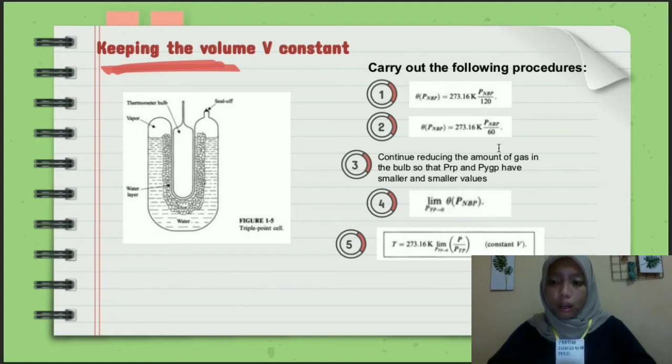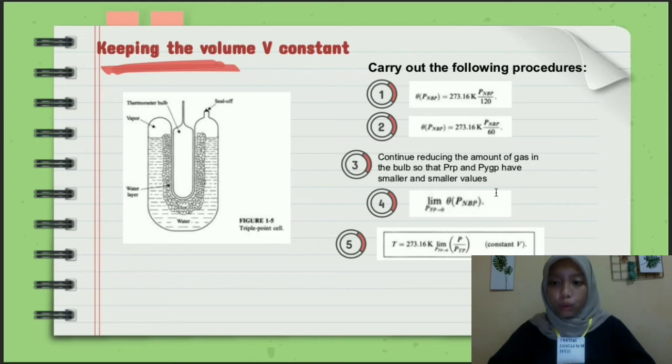That is, the limit of theta of PNBP as PTP approaches 0. So we can obtain the result. We define the ideal gas temperature T by the equation.